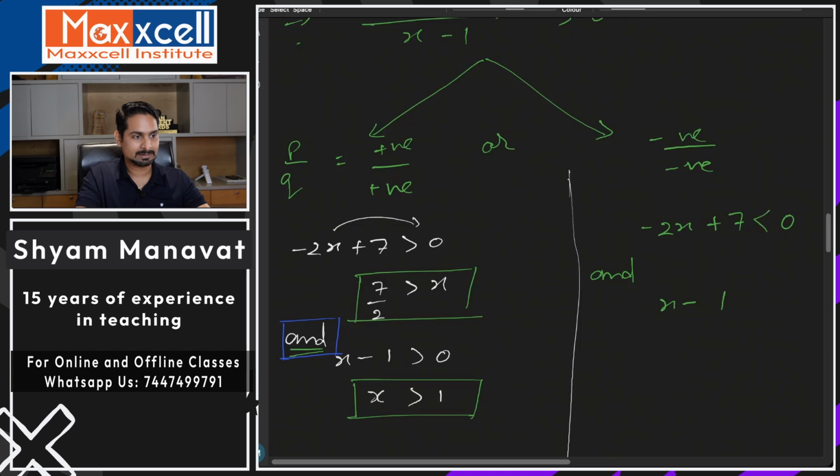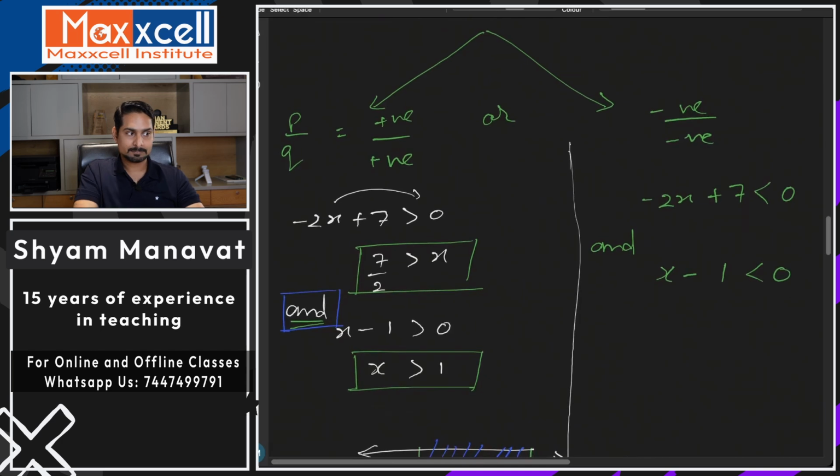Yes, if you simplify this, go with the shorter route. You have just changed the sign here. Instead of more than 0 in the first case, now you got less than 0 here.